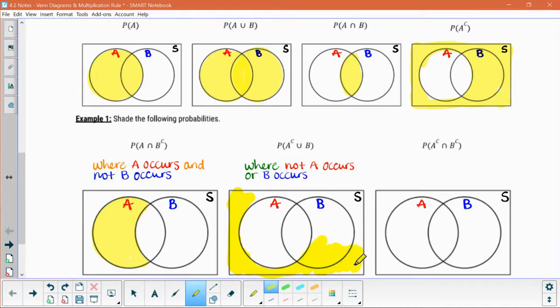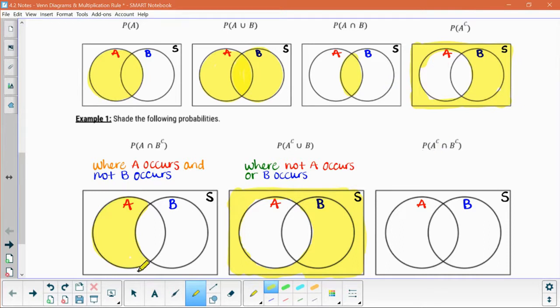Everything that is not A. And sometimes there is multiple ways to describe the same shaded region, just like I have here. Both of these things are the same.